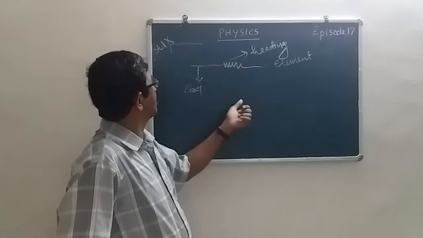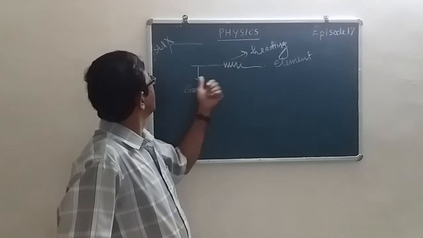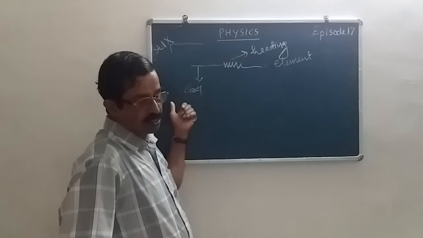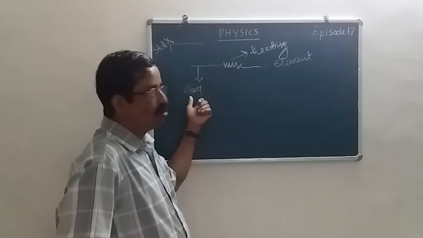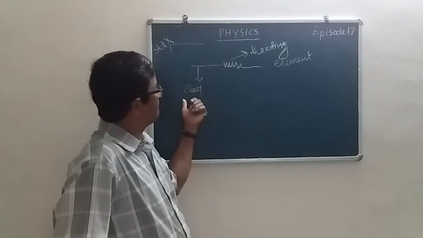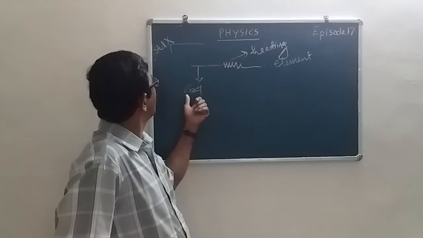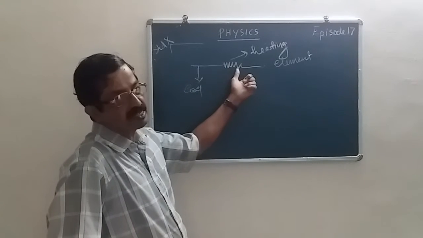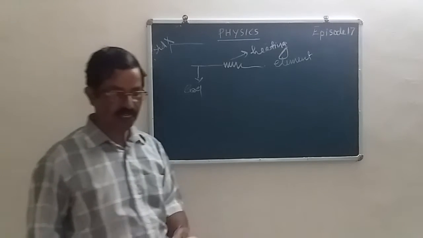But when we compare this heating coil to the cord, its resistance is very small, so it does not get heated up. It does not get heated up because its resistance is very small or negligible. But here the resistance is high, so it reaches a very high temperature due to heat.